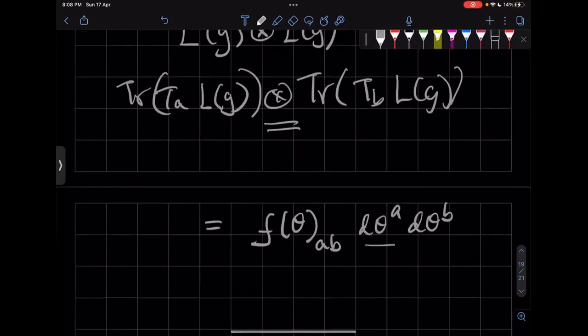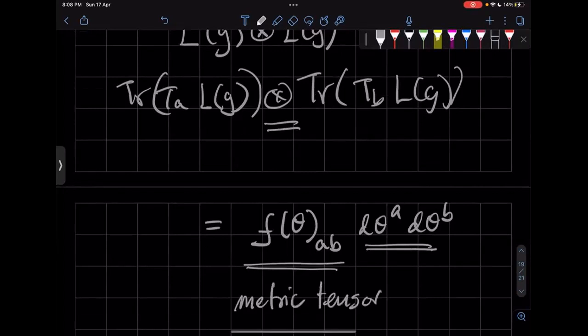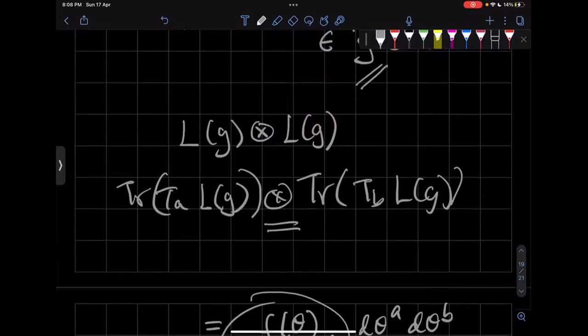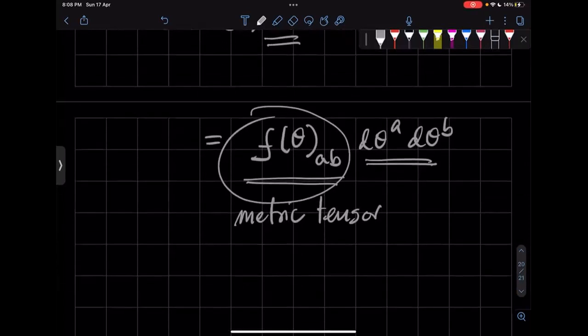So then we have what is called a metric tensor. In differential geometry, this is what is used to measure angles as well as distances. So that left invariant one form that I gave you gives you a natural measure of distance on the manifold which is underlying the group.